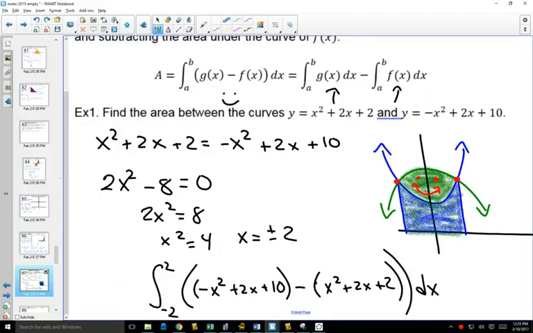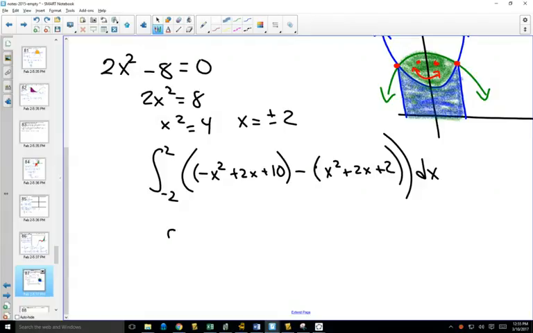Instead of having to integrate a whole bunch of things, if we combine our like terms, we get -2x squared. The 2x's cancel out. 8 plus 8 dx. And that's going to be a lot nicer.